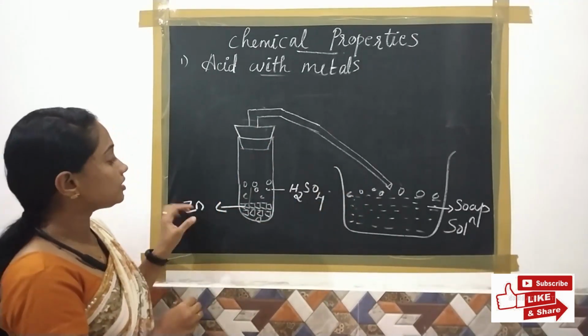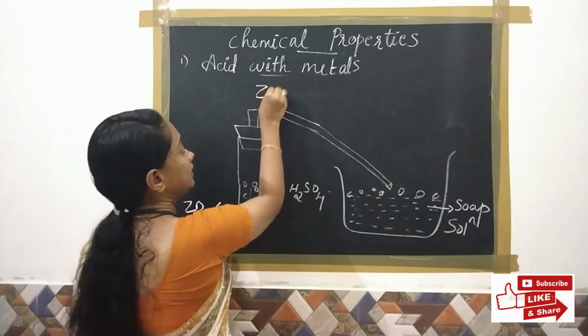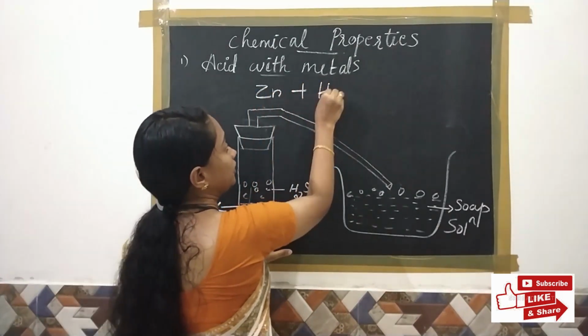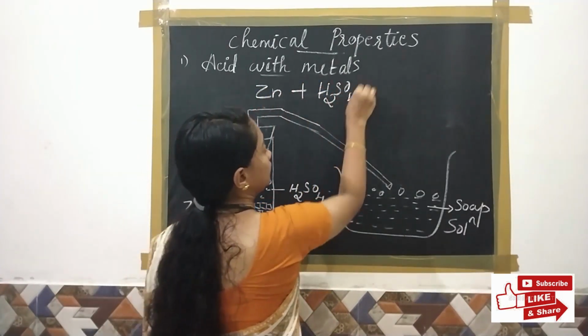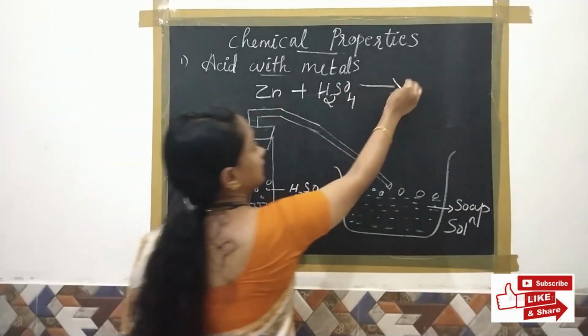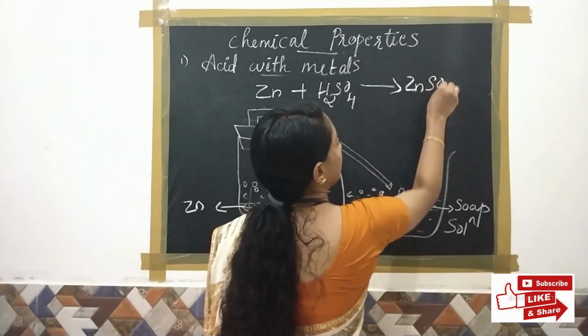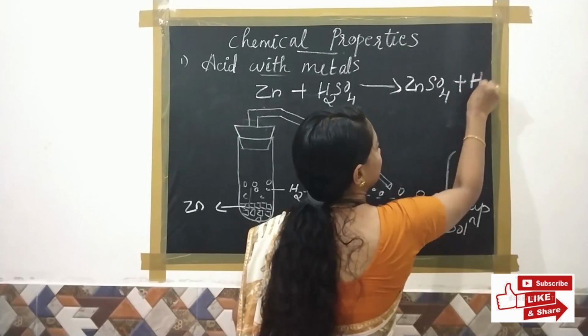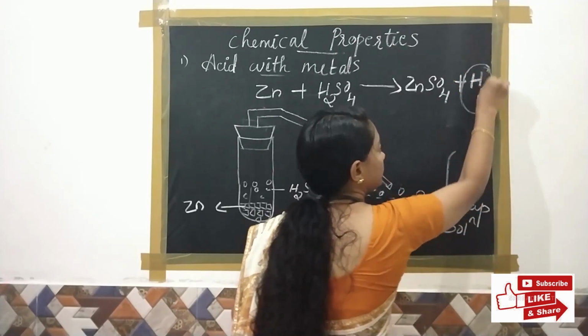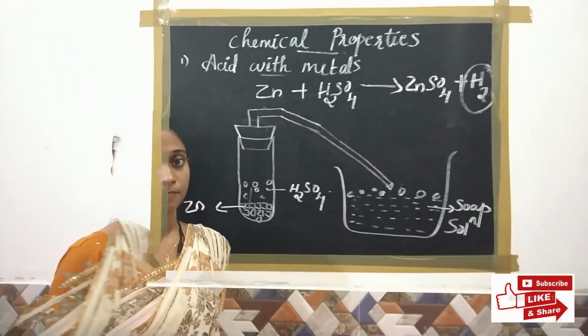Let us see the chemical reaction. When zinc reacts with sulfuric acid, H2SO4, we get ZnSO4 and hydrogen gas. This hydrogen gas is evolved in the reaction with a pop sound.